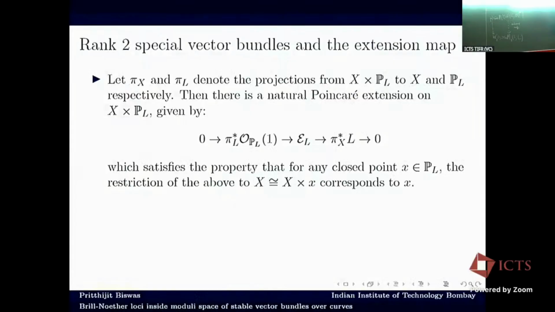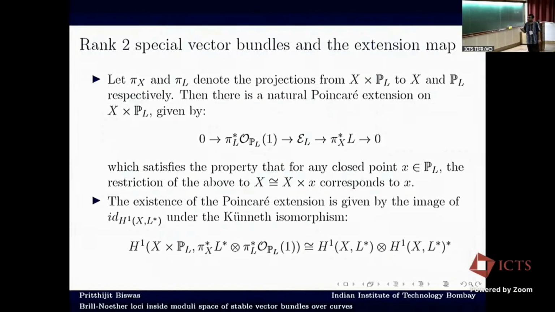The next two slides may be well known to the experts, but I will explain how we get the rational map. From X, a smooth curve, and X cross PL we have the projections to X and PL, and there is a universal exact sequence on X cross PL, which has the obvious property that if you start with an extension and restrict to that point, you get back the same extension.